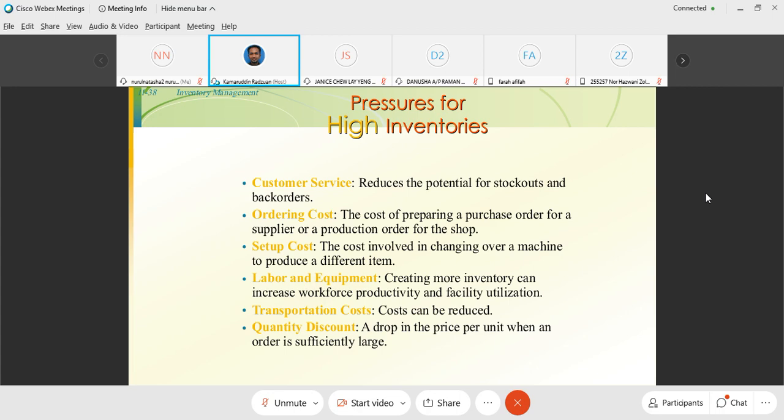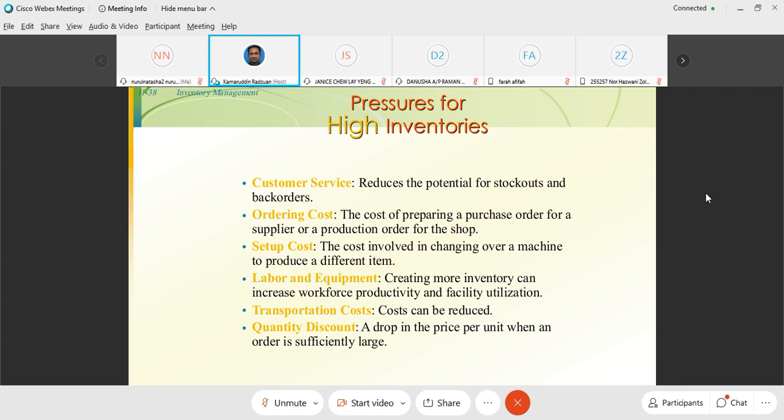So why do we need to have high inventory? In the same situation, we need to increase the productivity of our workers and the utilization of our other resources like machines and equipment. So this will be a pressure for the company to have high inventory.